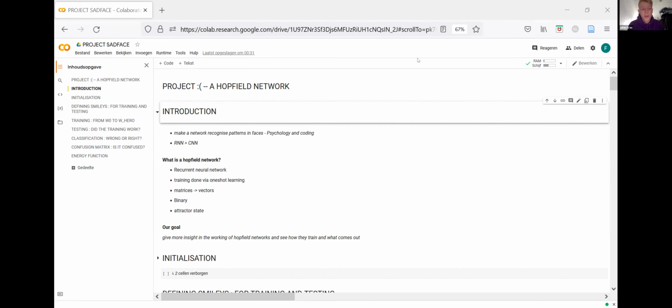Firstly, I will describe what a Hopfield network is. Then we will walk you through the project and show you how the smileys we created could be recognized by the trained network. So our Hopfield network starts off in a random binary form and memorizes the input that it receives.